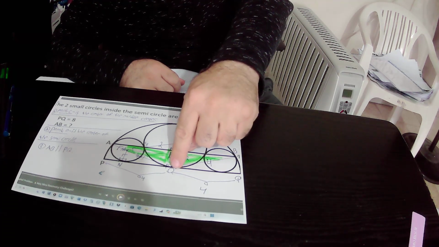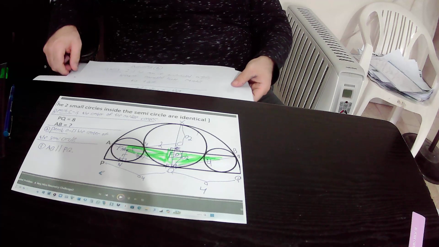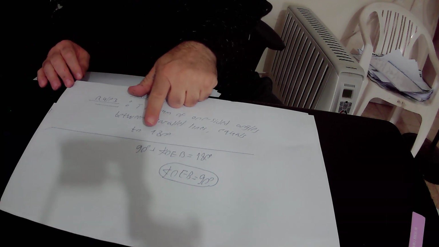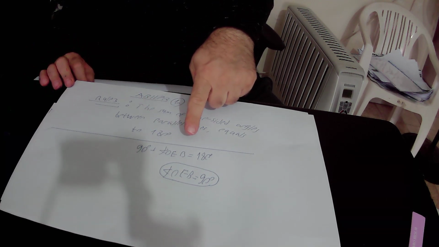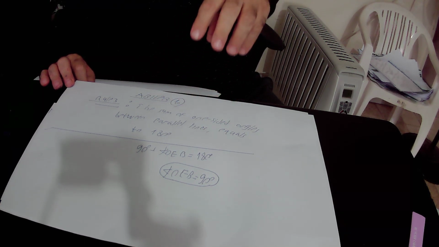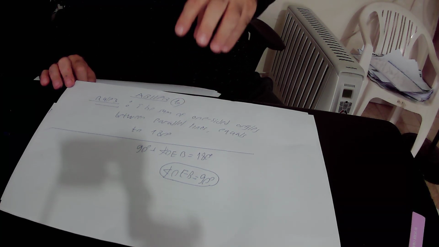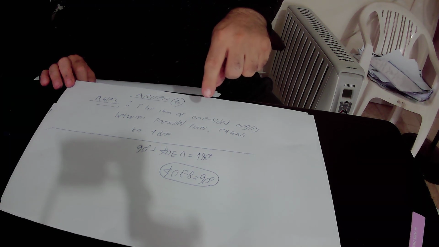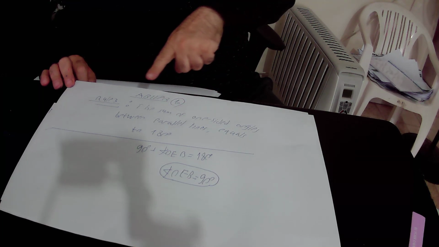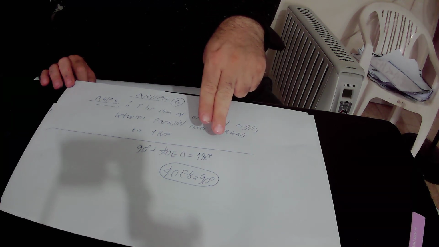So this angle that is 90 degrees plus angle OEB must be equal to 180 degrees, according to rule number 3, because those two angles are one-sided angles, and the sum of two one-sided angles located between parallel lines is equal to 180 degrees.